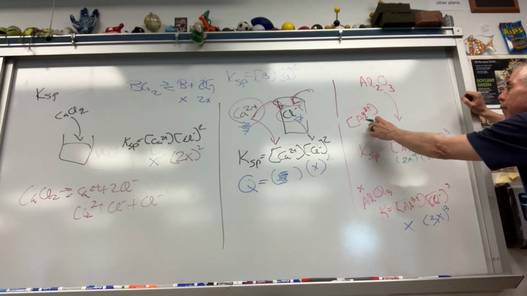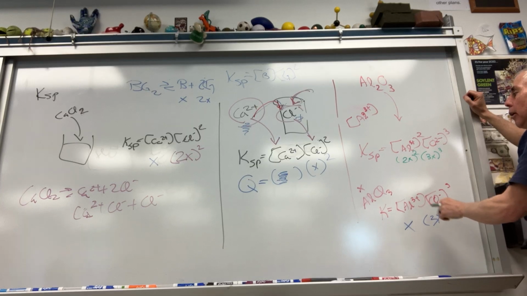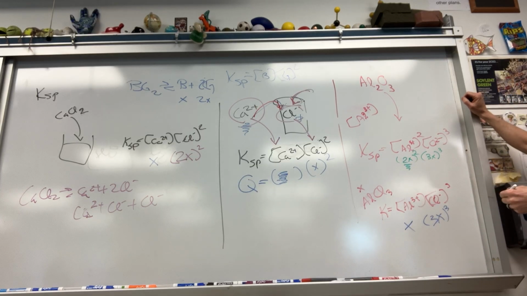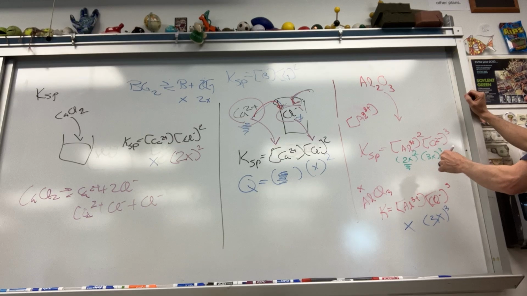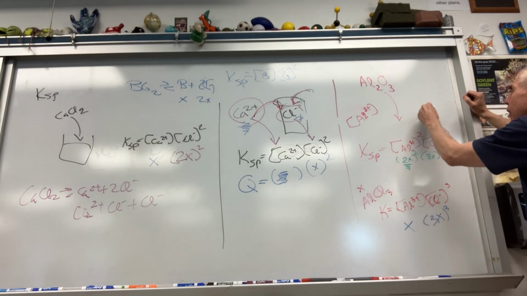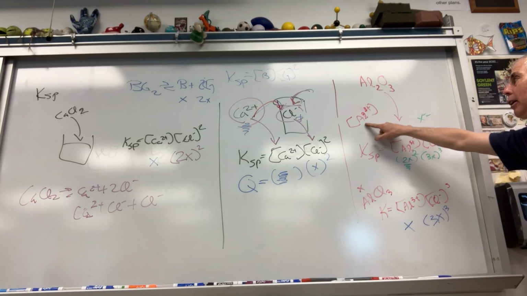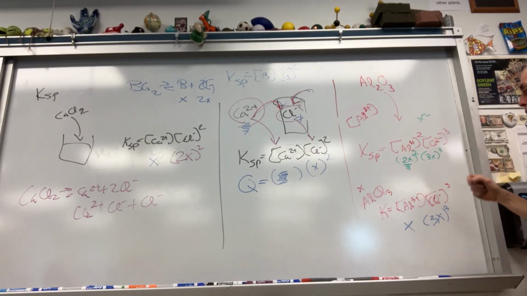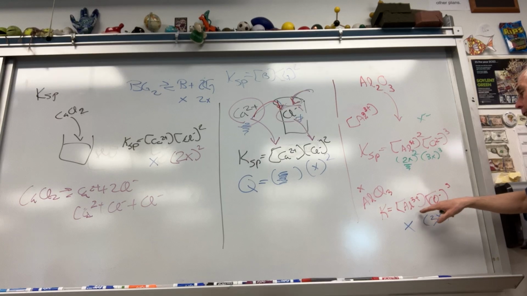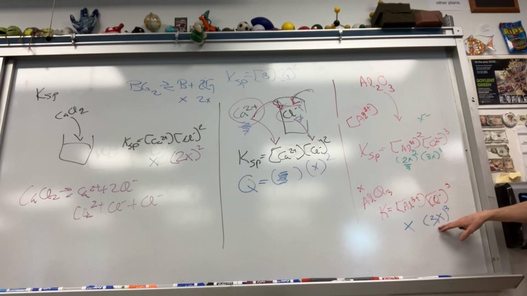But if I were looking for aluminum, how did I define the concentration of aluminum? It's 2x. So you have to be very careful. If I called that 2x, you get to the end and you find x, you've got nothing. You've got to double it to get the concentration of the aluminum. So be really careful how you define x. Like here, if I said x is the concentration of aluminum, what's the concentration of the chlorine? You've got to make sure you triple it.